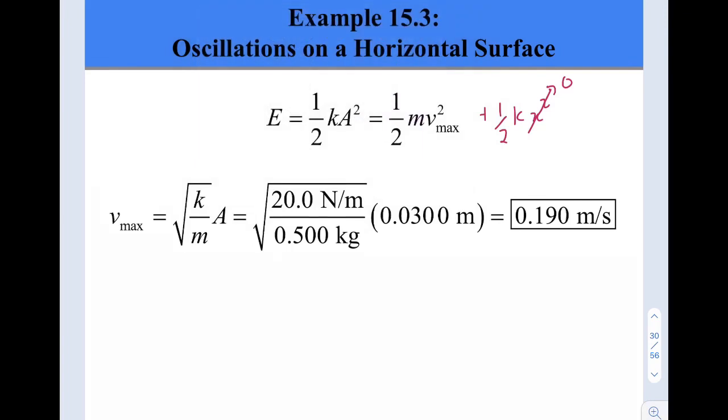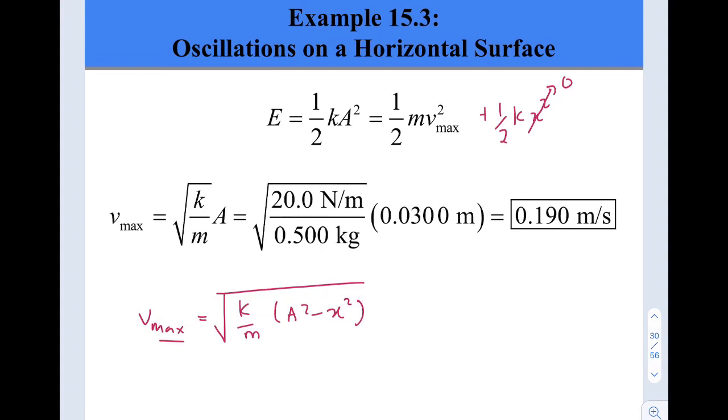If you directly memorize this one, let's say v max is equivalent to square root K over M times A squared minus x squared, and you don't want to derive it from here, you always memorize this one, it's okay as well.